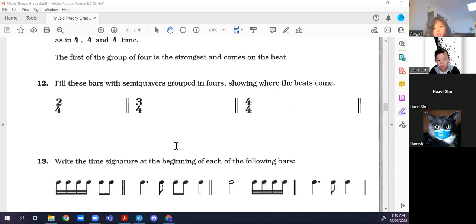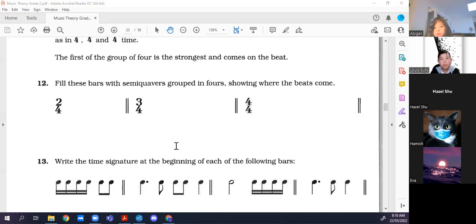Since a semiquaver is 1/4 of 1 beat, or 1/16 of a whole bar, that means a dotted semiquaver would be, come on, math guys, 3/8 of 1 beat. Okay. Does that make sense regarding length?